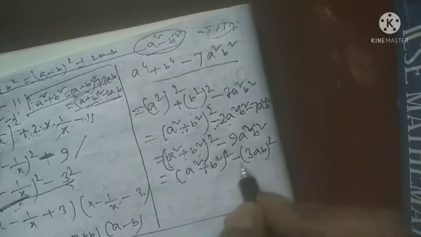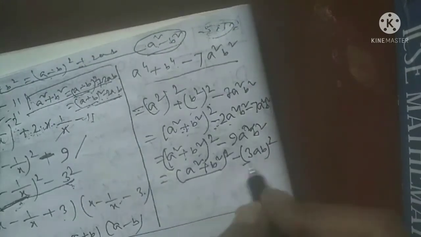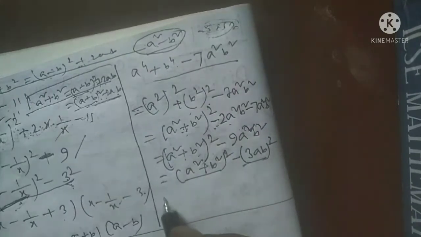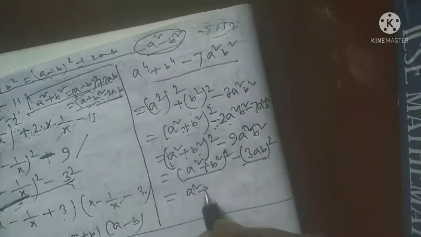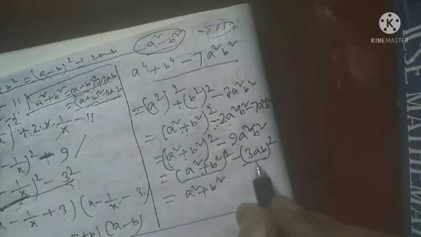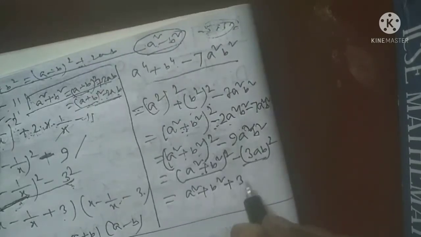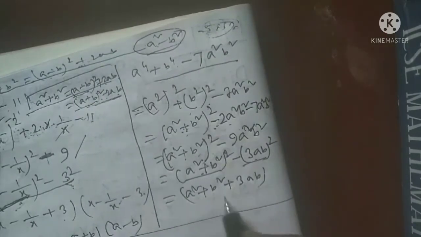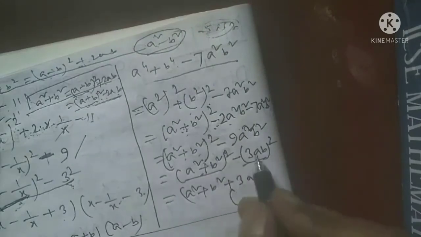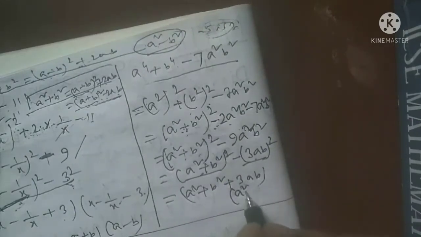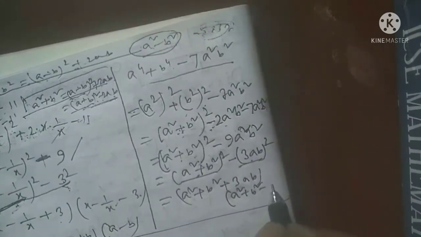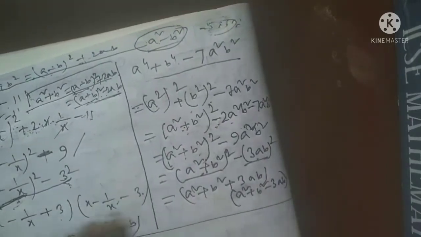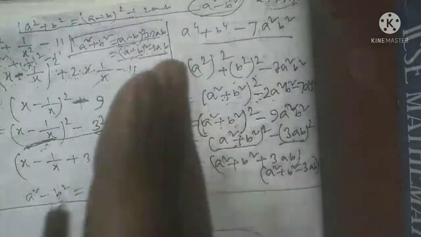So my dear student, here this is a and this is b. So it will be (a square plus b square plus 3ab) and (a square plus b square minus 3ab). My dear student, this is our answer. The question is not very difficult. You have to apply two formulas.